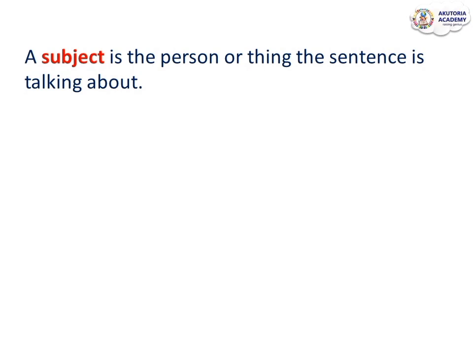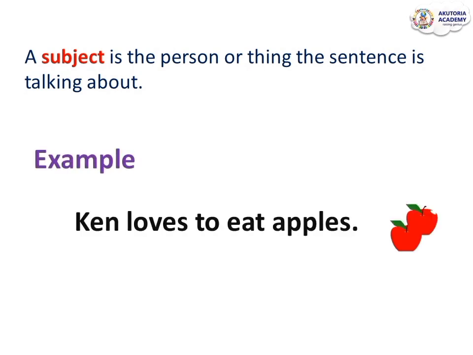Let's go back to the example. Ken loves to eat apples. So what, or who, is this sentence talking about? This sentence is talking about Ken. So Ken is our subject.